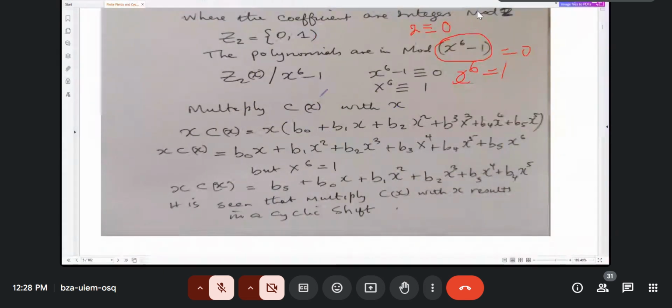So how do you get this polynomial? If you multiply this polynomial with x, you're actually going to get a cyclic shift.